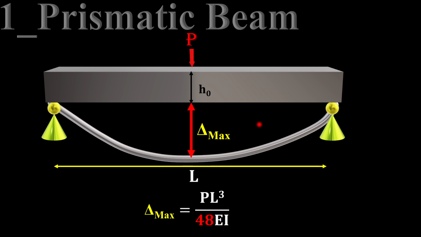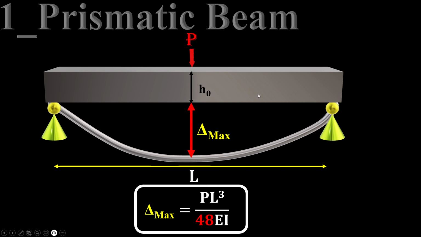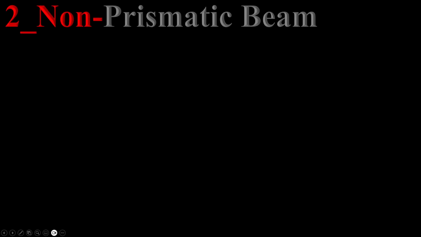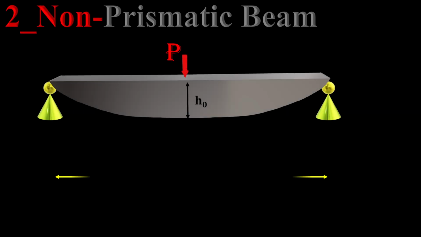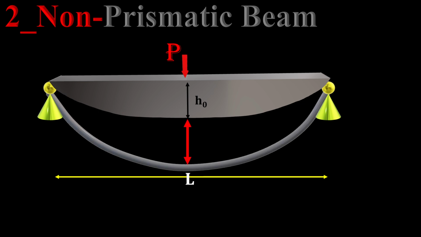But if we have the same everything but a non-prismatic beam, the same simple support beam, the same concentrated load at the center, the same height at the center, but this time we cut some part and it moved to a non-uniform cross section, the delta maximum is doubled. That's PL cubed over 24 EI.